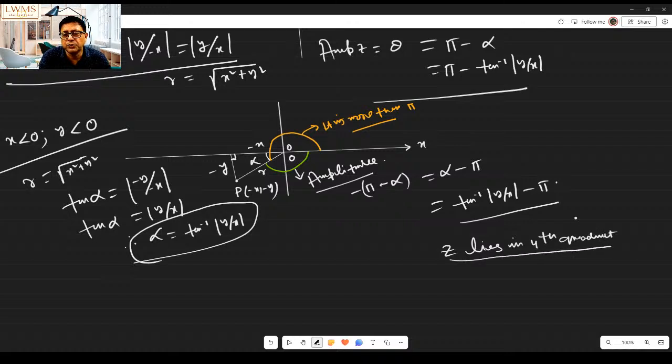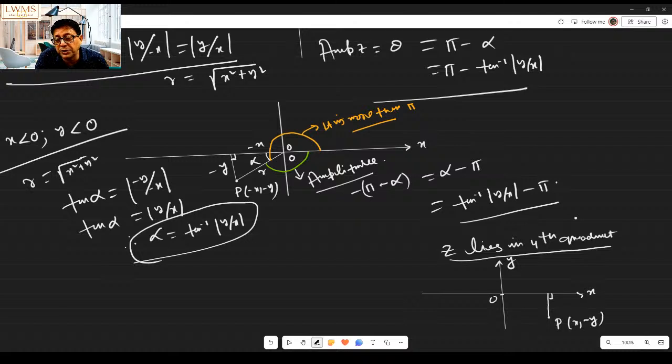Z lies in the fourth quadrant. X, Y. The complex number lies here. The coordinate, if you draw a perpendicular here, x positive, y negative.